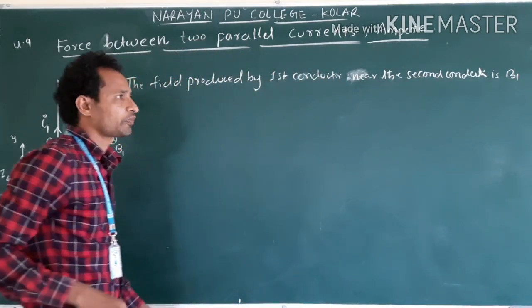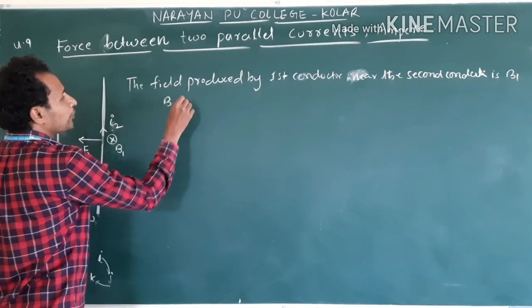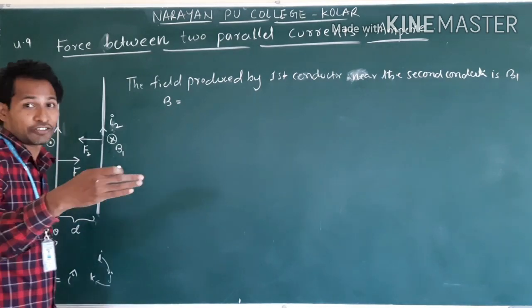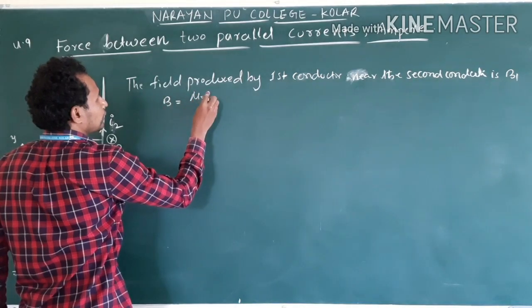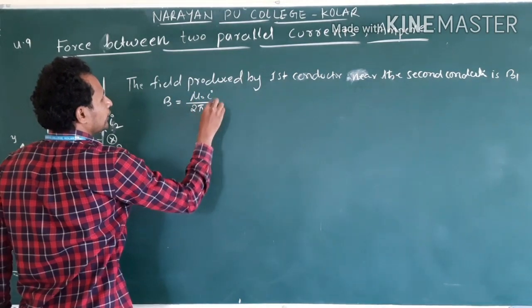Okay, so what is that B1? B1 formula. Magnetic field produced by this straight conductor formula is what? Already yesterday I have given. Magnetic field produced by the infinitely long conductor formula is what? Mu naught I by 2 pi d.